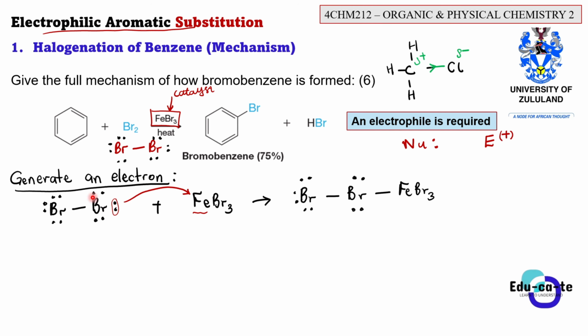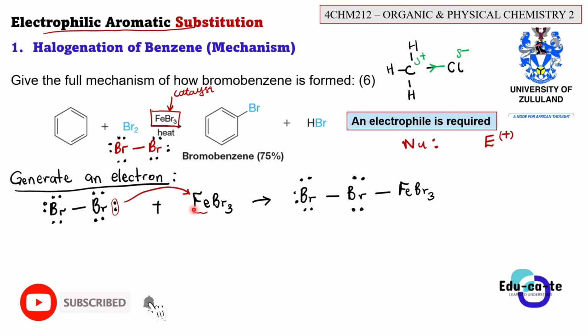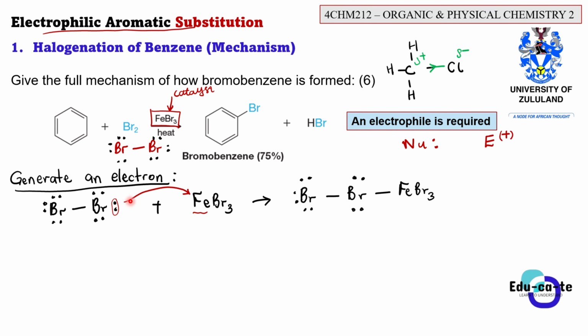The Br is giving a lone pair of electrons to Fe. So Fe is receiving a pair of electrons, so it will become negatively charged. I'll put a negative on the Fe.